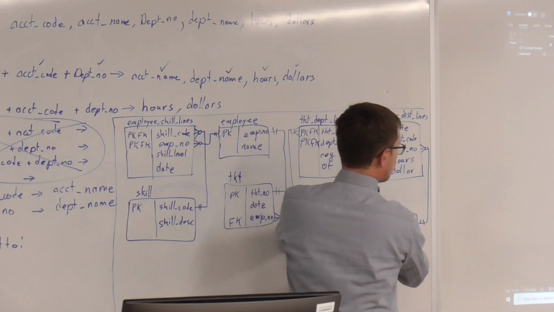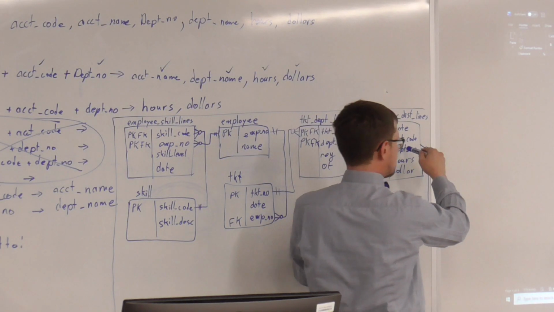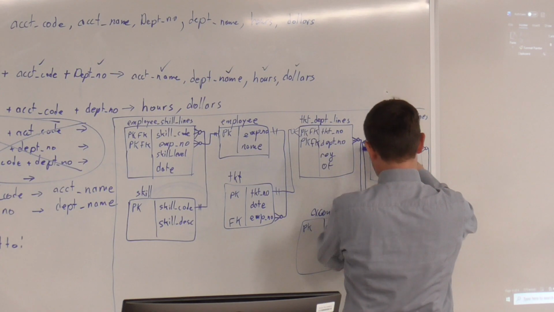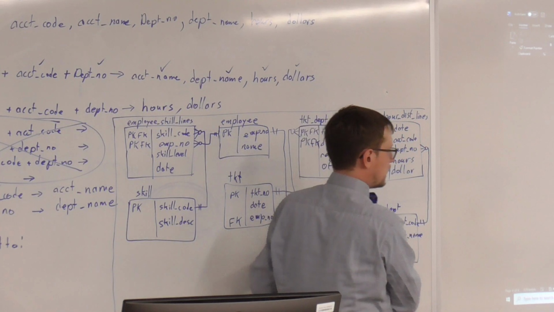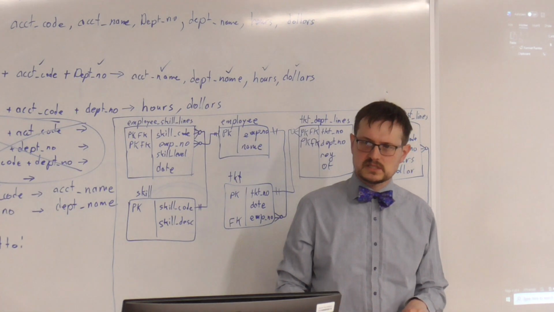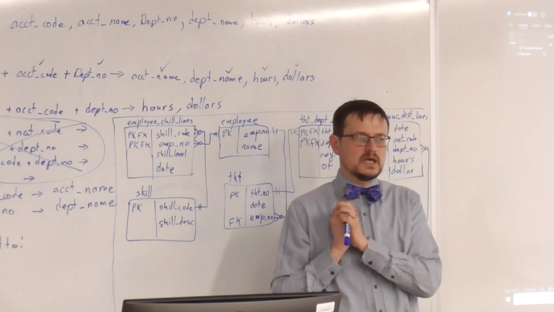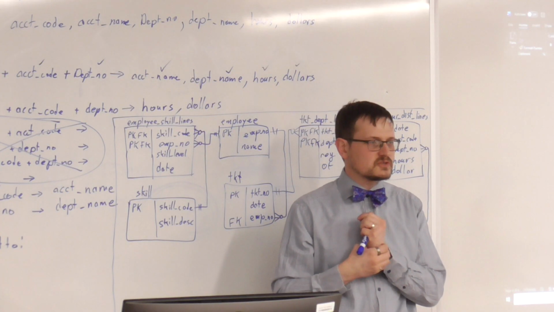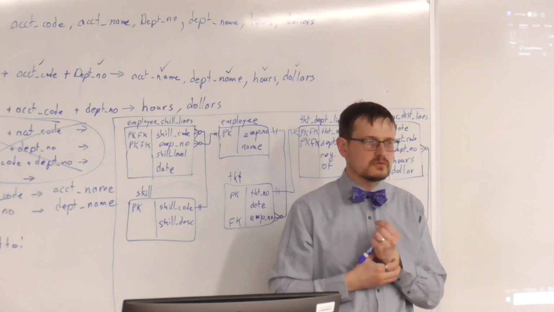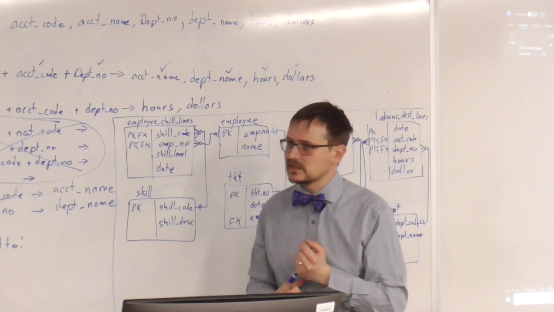That goes to department, goes to labor, and labor goes to account. I wasn't checking the crow's feet to see if they were consistent, but I think they are. So that's kind of interesting that they threw out the date.